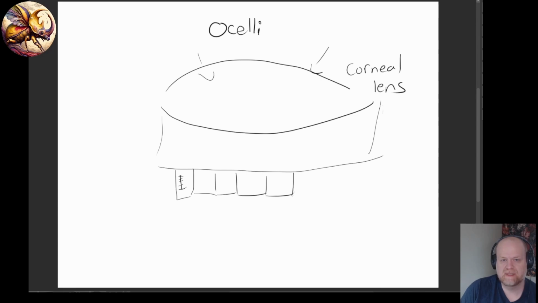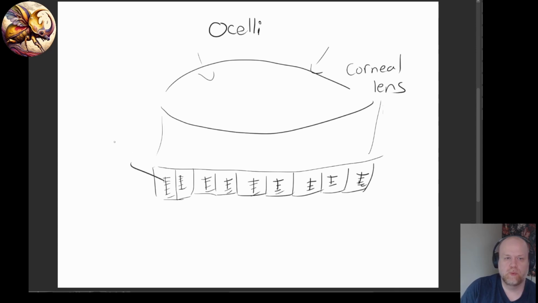So you'll have a bunch of cells underneath this lens. It's more complex. It's not just one individual rhabdome and a couple of retinula cells. It's a bunch of rhabdomes and a bunch of retinula cells.